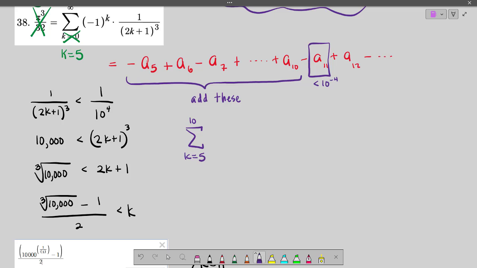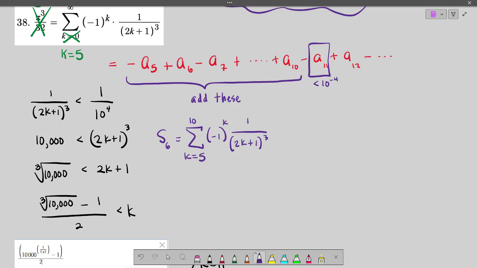So the partial sum is then s sub 6, right? We're adding 6 terms. So that would be s sub 6. This would be negative 1 to the k. This is whatever our a sub k is. So s sub 6 looks like that.